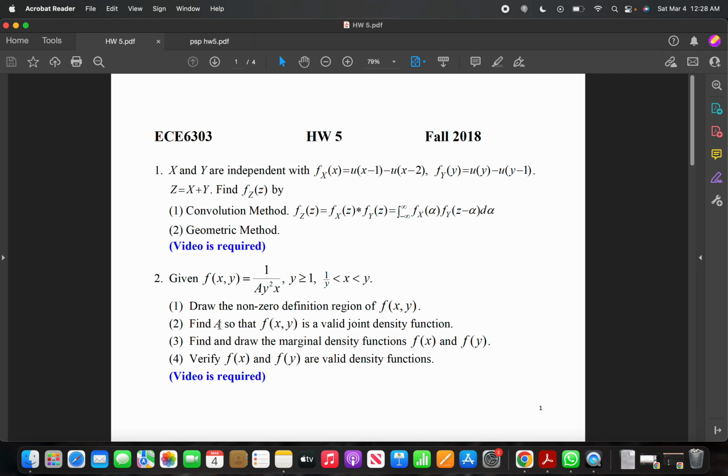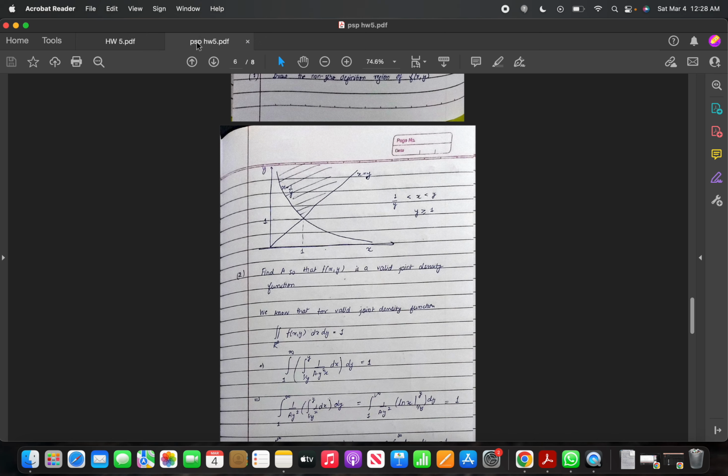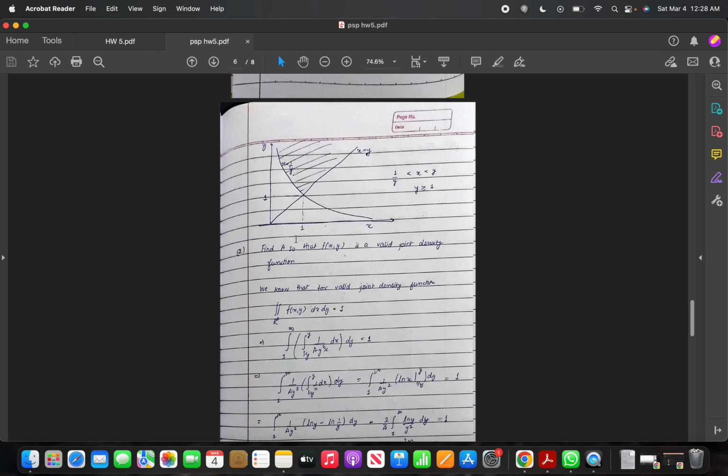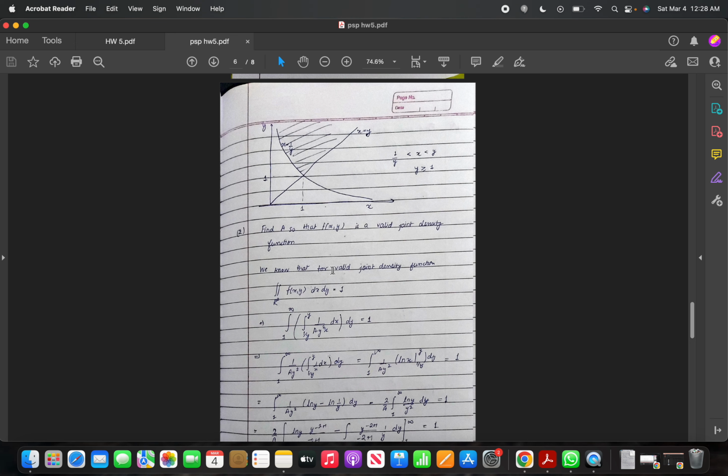For the second part, we need to find a so that f of x, y is a valid joint density function. So for a valid joint density function, we know that the integral over x and y of f of x, y should be equal to 1.